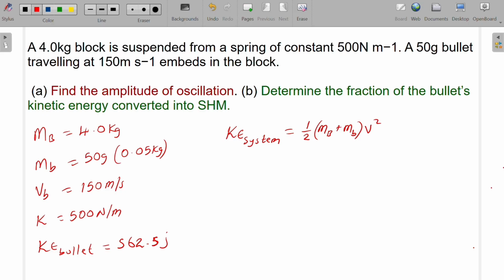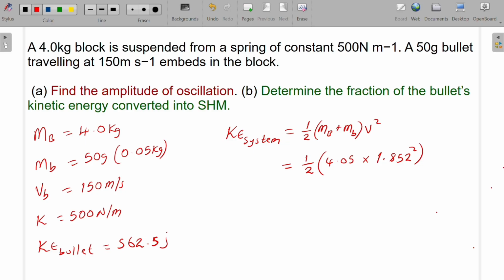The v squared we're talking about is the speed that we calculated earlier on for the system. So this will be equal to 1 over 2. Now the mass of the block added to the mass of the bullet gave us 4.05, and this 4.05 must multiply by the speed that we calculated, which is 1.852, and this is squared.